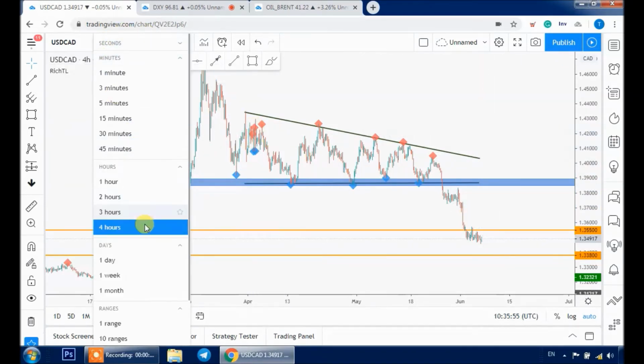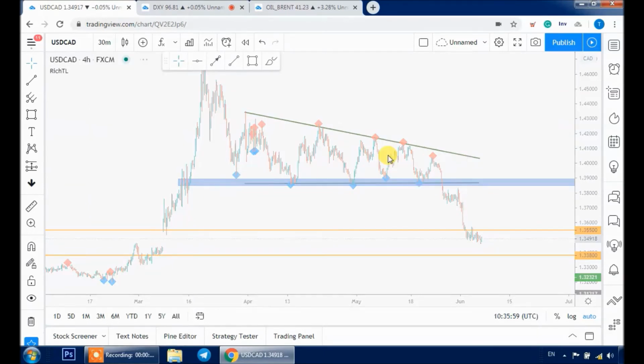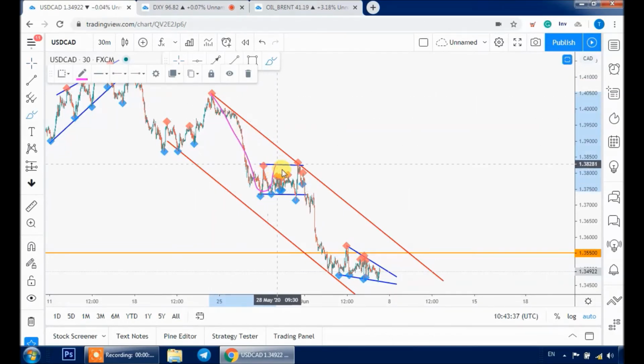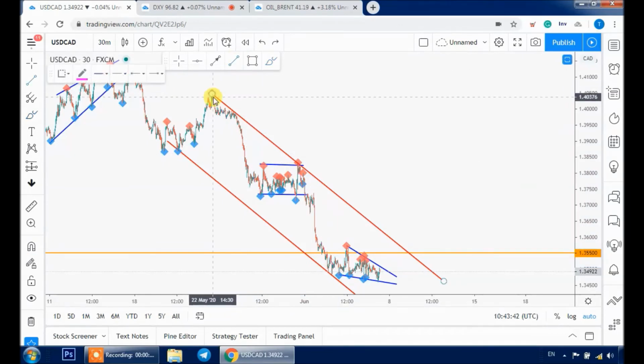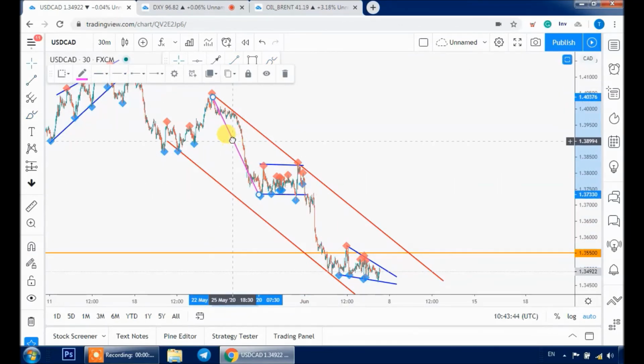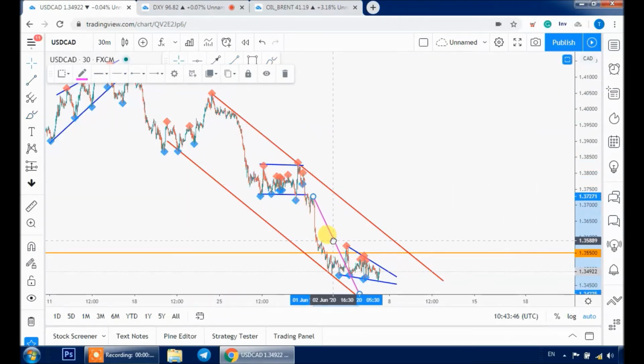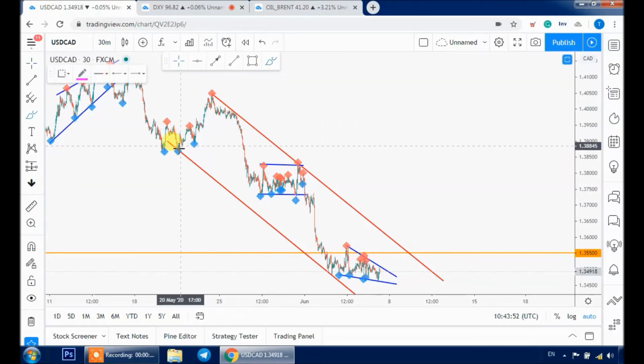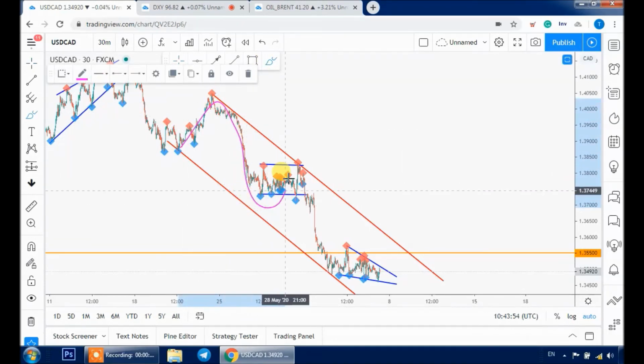Then if we zoom into M30, here we go. First of all, we have an impulse, correction, and then impulse again. If we measure its projection from here till here, we can see that USDCAD almost filled its projection. That's another clue. So let's delete it for now. And USDCAD is currently trading inside this channel in red.